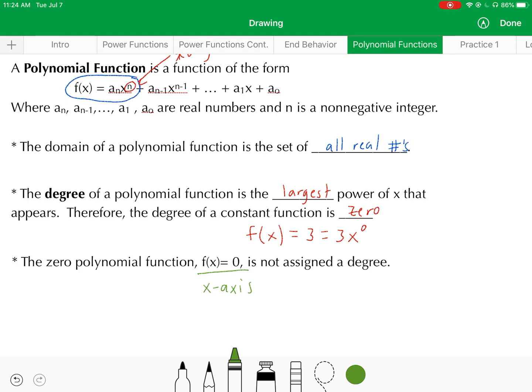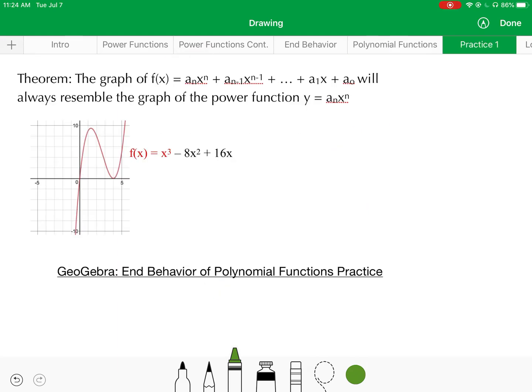All right, now at this point, I'm going to give you an opportunity to practice this concept of end behavior as it relates to power functions and to polynomial functions, okay? But we kind of got to tie this all together first. Understand that the graph of a polynomial function will always resemble the graph of its power function, okay?